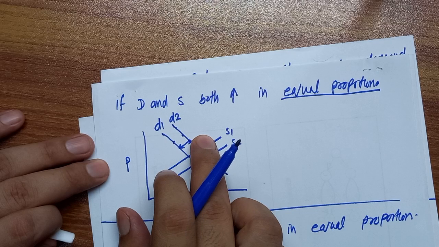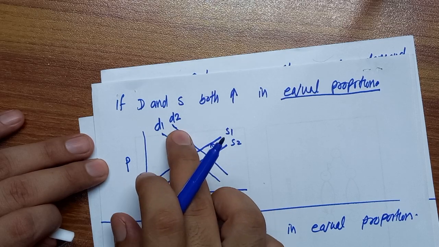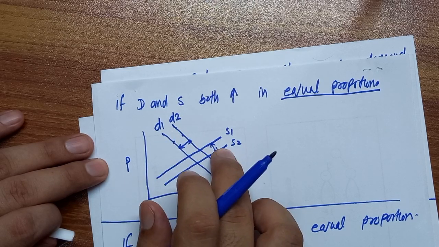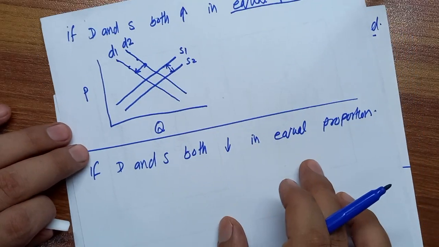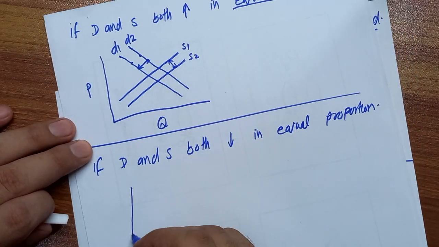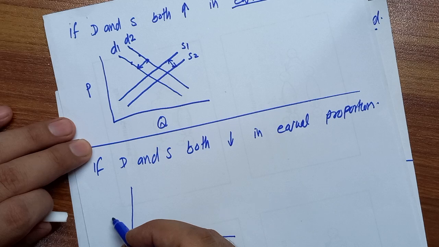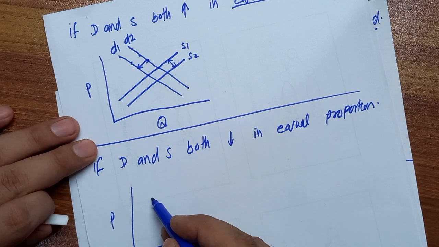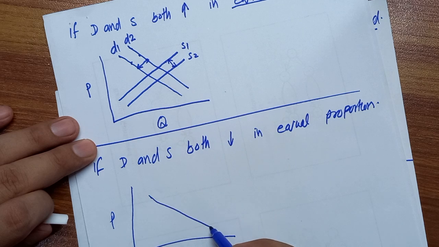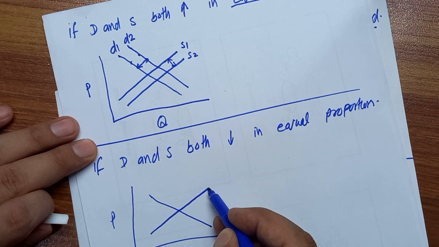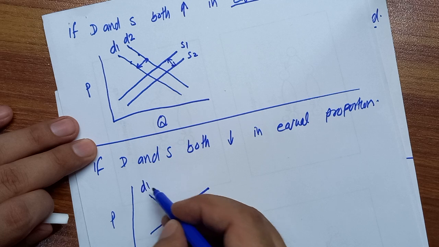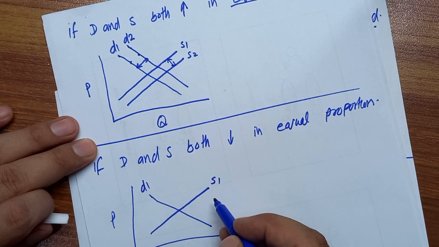Here we had increase, where we were drawing above and below. Now we are decreasing. So this is the graph, price, quantity. These are the original lines, D1 and S1.